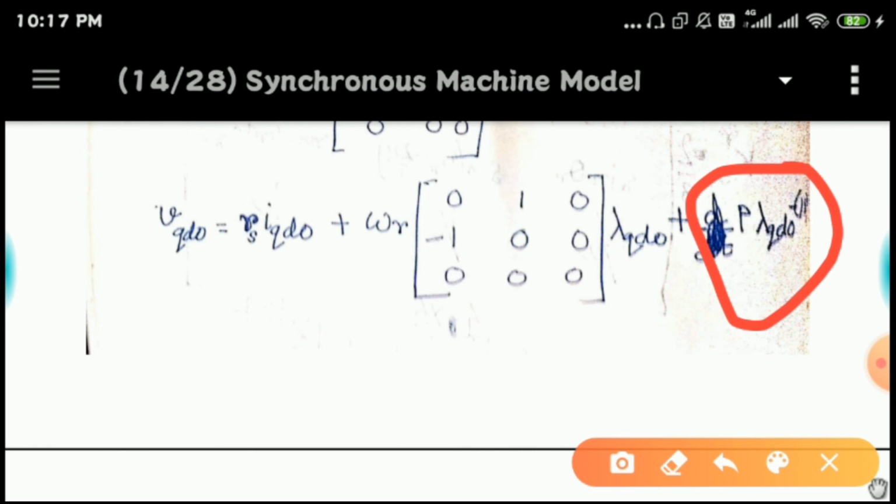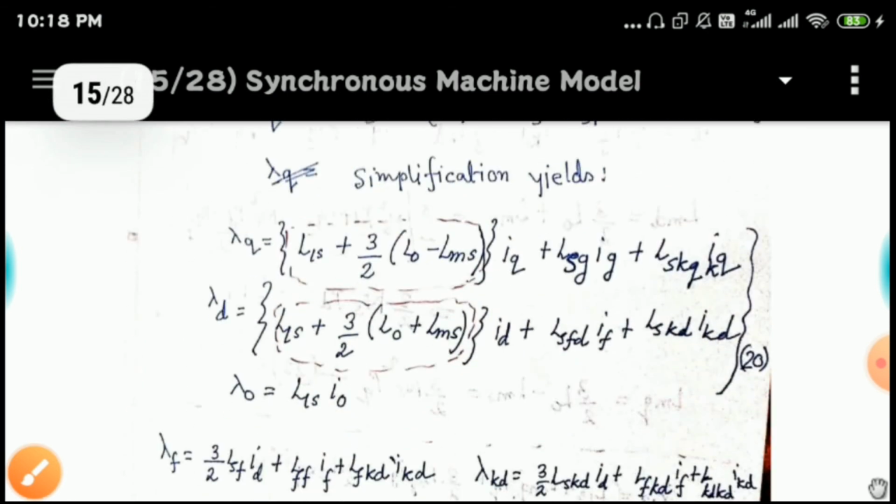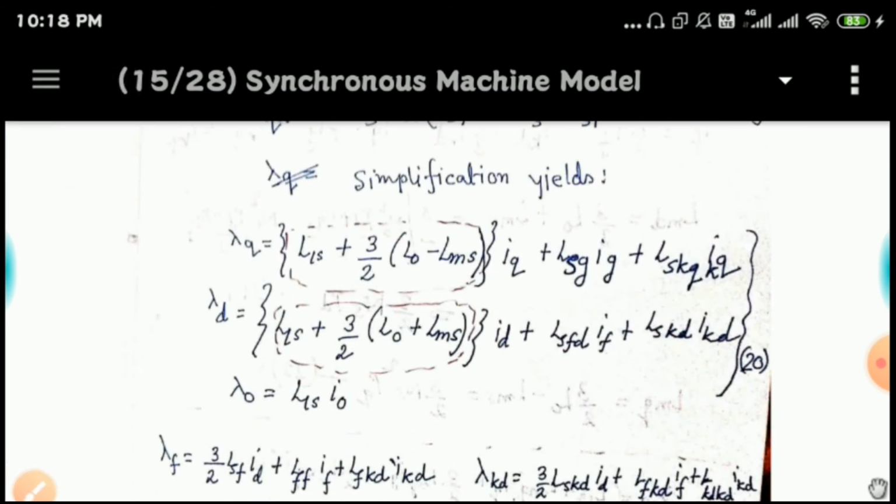For every different value of theta r, it will calculate d theta dt, and that will create a lot of burden, or result in a lot of computational wastage. That is why it is very important to transform it and have a very simplified model like this.